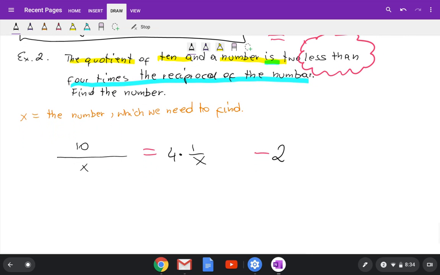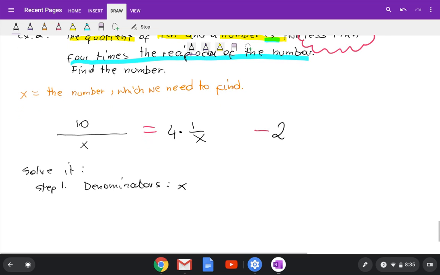Now we need to solve it. This is a rational equation, so first, step 1, factor denominators. The denominators are only x, so to factor that is just x.